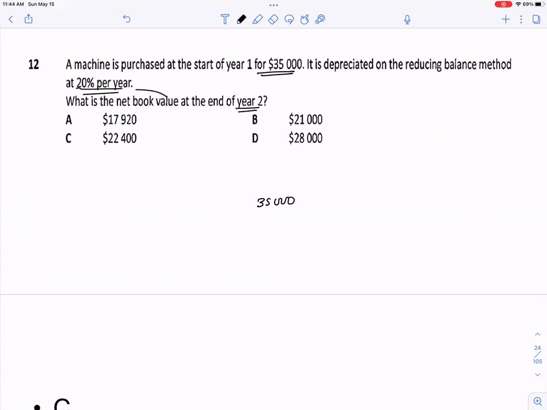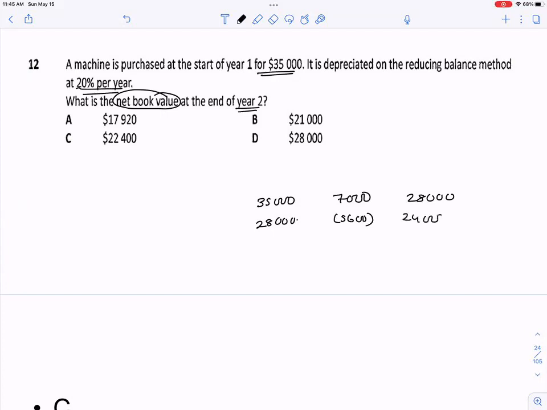They want net book value, no? At the end of year two. Miss C, 2,240.